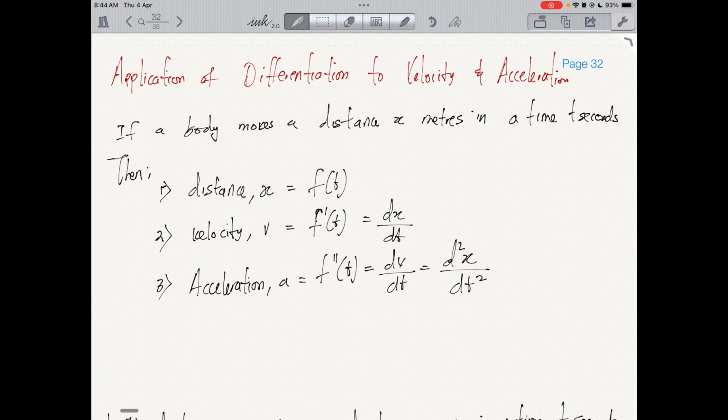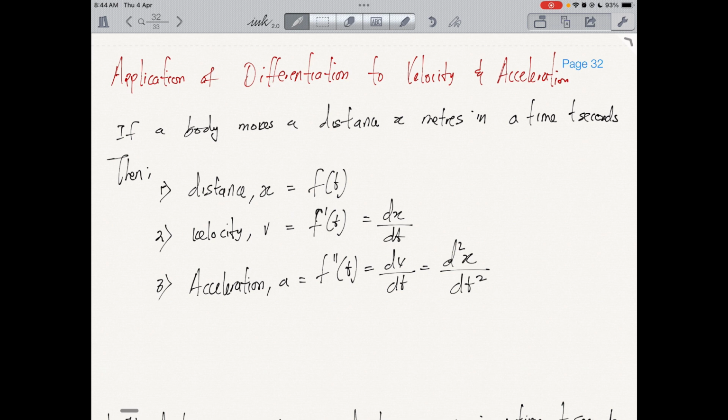Velocity is the differentiation of the distance, that's dx/dt or f'(t), and acceleration is given as the second differential of the distance, or the differentiation of the velocity.